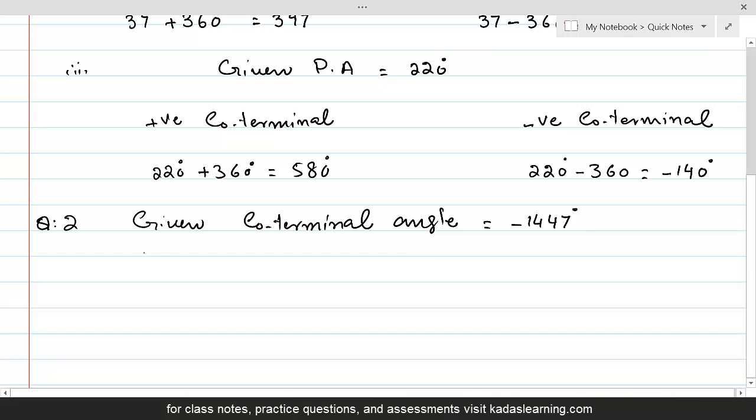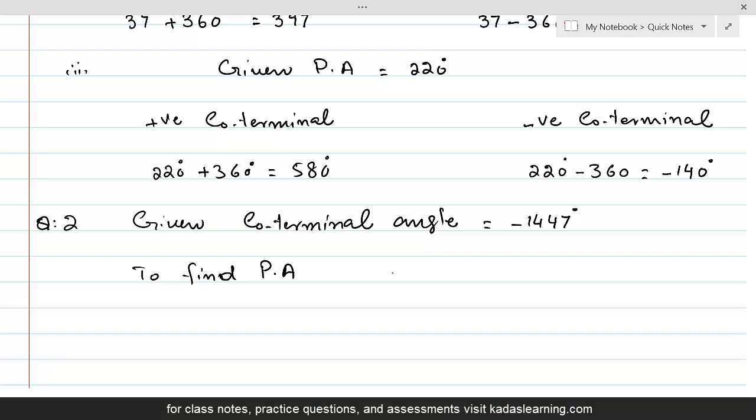To find the principal angle, if this angle is negative, we will continue to add 360 until this angle gets into the range of 0 to 360 degrees.